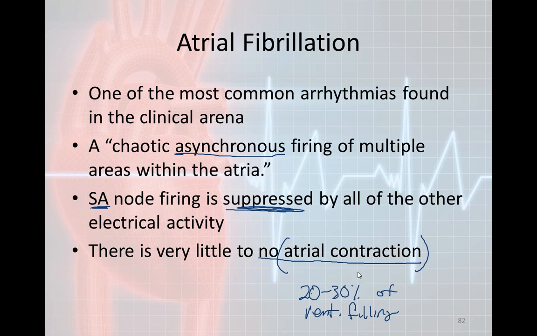So if you decrease this 20 to 30% of ventricular filling with no atrial contraction, you could potentially have a decrease in cardiac output. Fortunately, there are compensatory mechanisms within the heart to account for the lack of atrial contraction, but you definitely won't be as efficient as if you did have the SA node firing and allowing that atrial contraction.